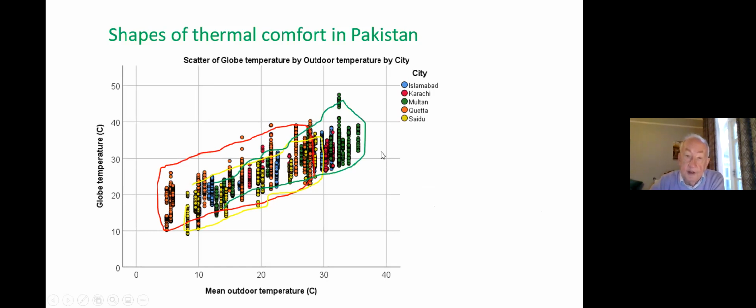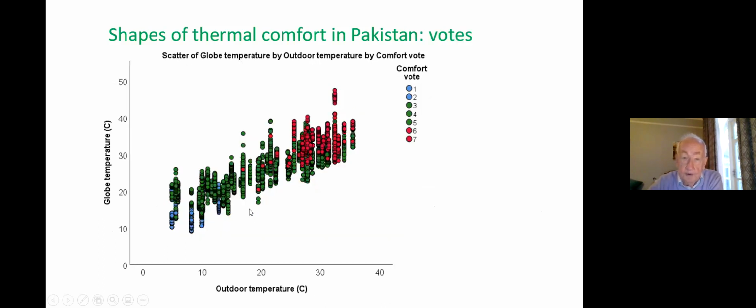What I've done here is to try and make a cloud for each. There's Multan going right up into the mid-30s outdoor temperature, and indoor temperatures going almost up to 40. This is Saidu Sharif, which is a bit cooler.